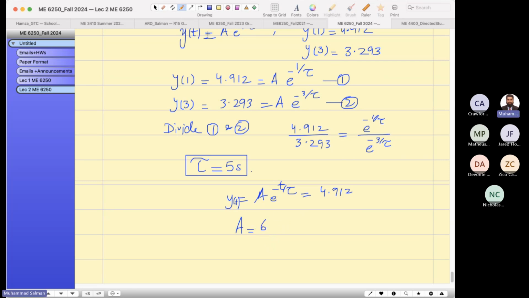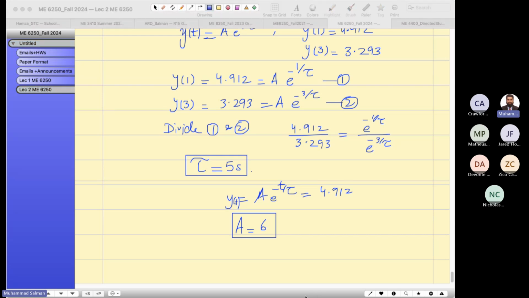I believe it should be 6, but you can double check this answer. And that's what I got. So the students have verified it. That's good. Any questions? It's just basic math, so I believe you can easily solve this at home.